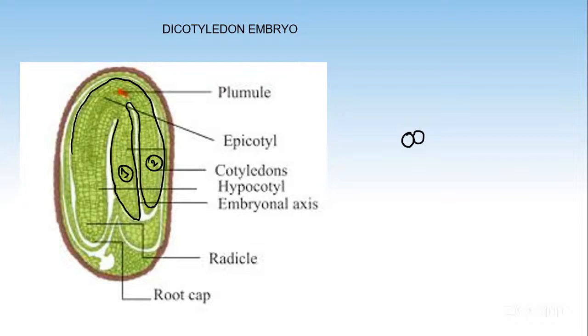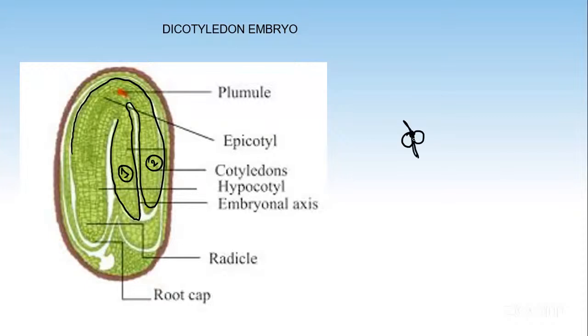If you are at home, kindly see once, okay? If you open the groundnut, it will become two equal parts, and you can easily see a small white color structure there. That is nothing but the embryonal axis.